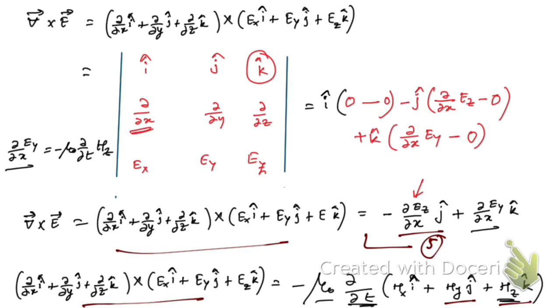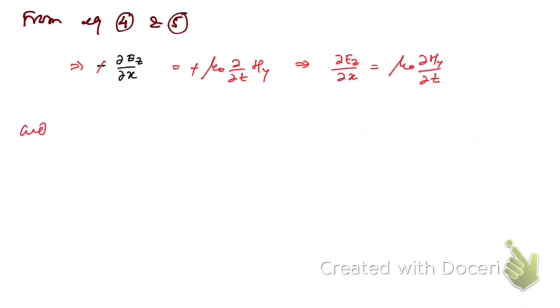That's what we're going to have, right? So let me write on the other side. Sorry. So let me write it properly. Minus mu naught del del t of Hz. That's it, right?